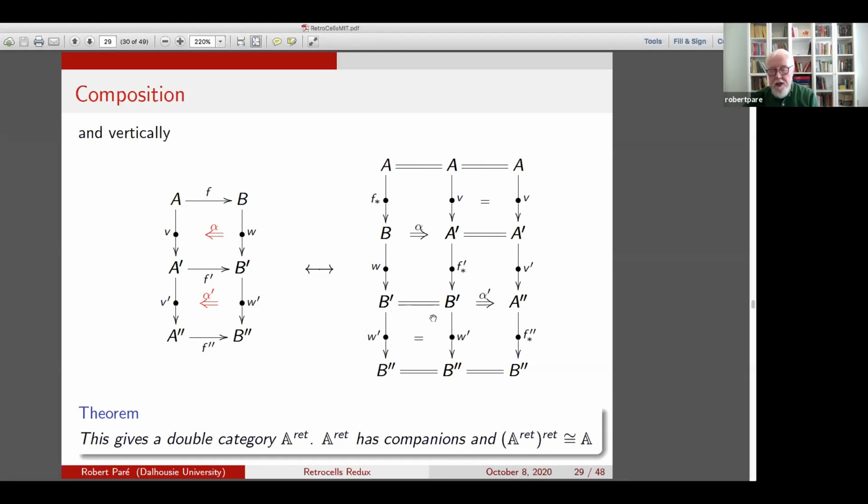These composites now give you a new double category, which I'm calling A ret, for retro. Now A ret has companions. Again, it's the same companions as the other ones, and if you do ret twice, you get A back again. So it is a kind of duality that you're getting here.